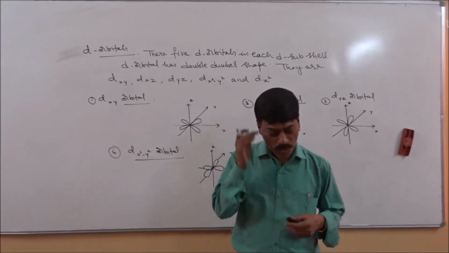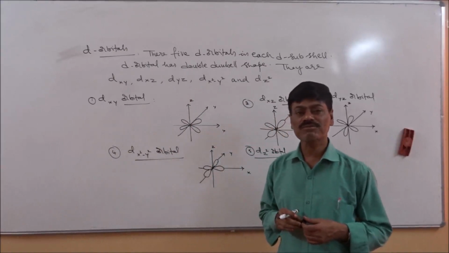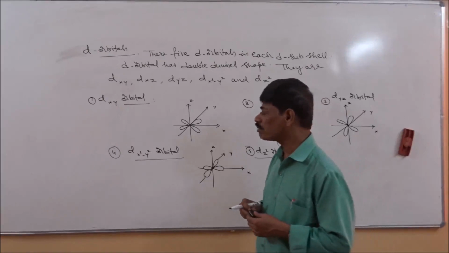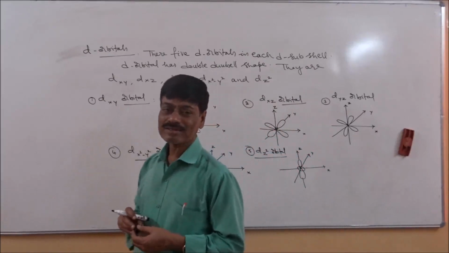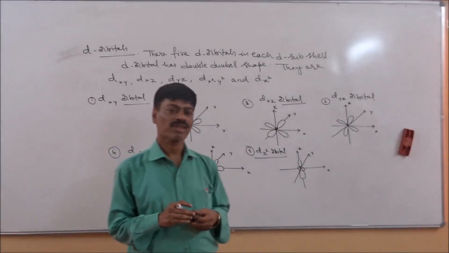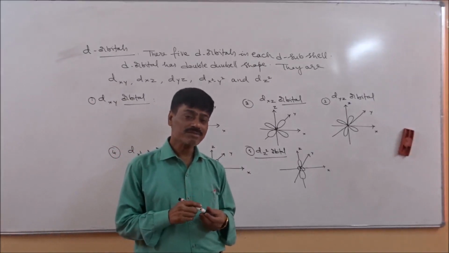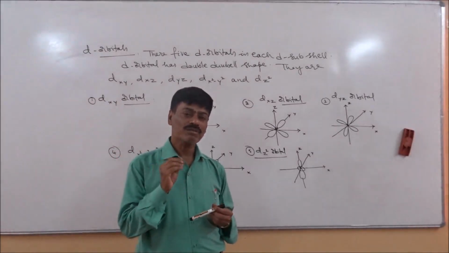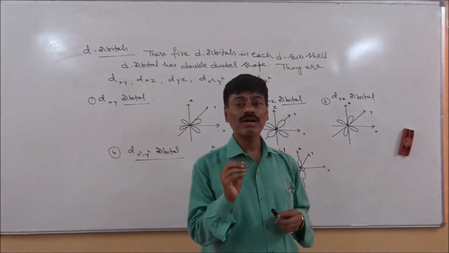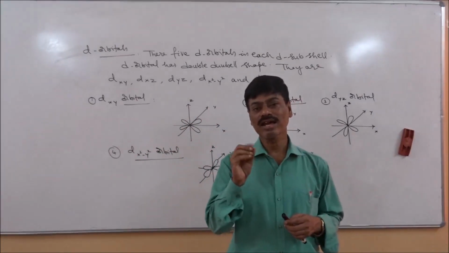Next, when we move to p orbitals, the p subshell has 3 different types of orbitals, and those are the px orbital, py orbital, and pz orbital. These names are given to p orbitals based on the axis on which the dumbbell of the p orbital lies.